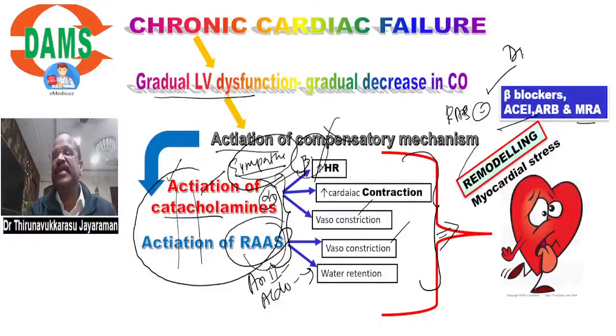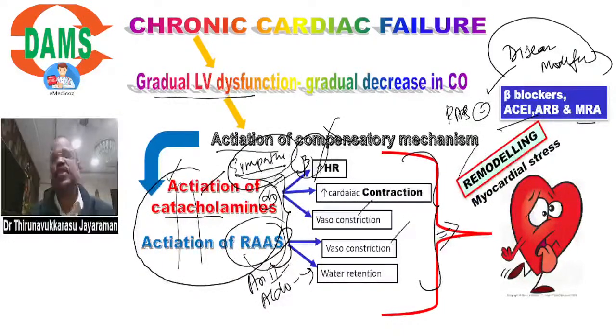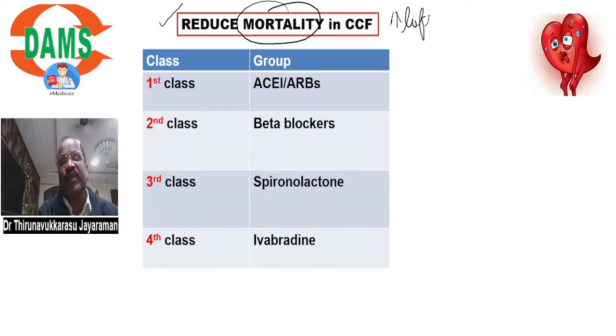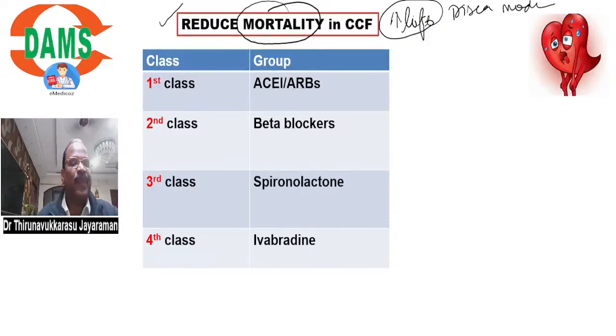All these are called disease modifying drugs useful for heart failure. So in summary, there are some drugs reducing mortality and improving the lifespan of the patient. They are called disease modifying drugs. Who are they? Beta blockers and RAS blockers. RAS blockers means ACE inhibitors and ARBs.